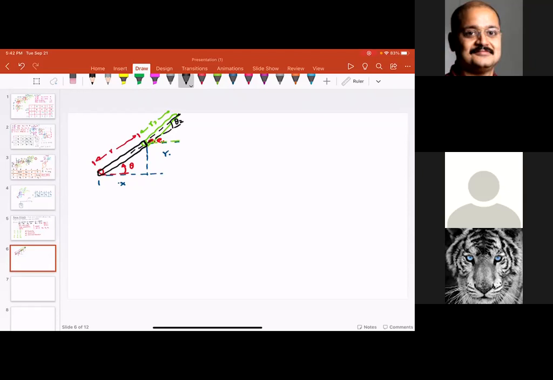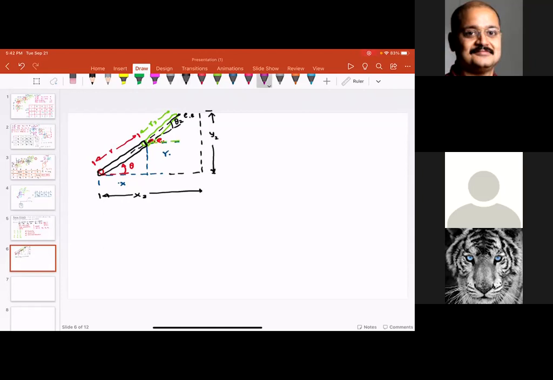And I give you another position. Now this is my end effector. I give you a position x2 and y2. Now please try to understand, to resolve x2 and y2, you are going to need both the angles and both the distances.